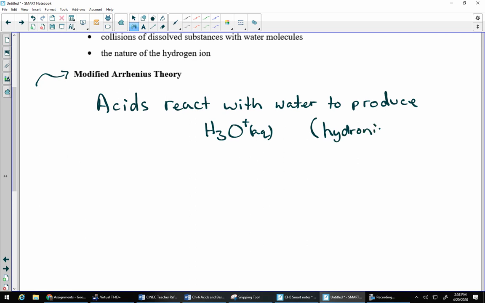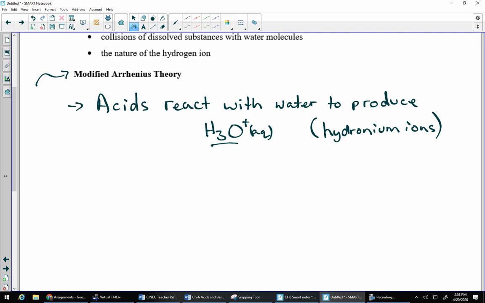Some of the good stuff about this is that it's not just magically ionizing, creating this H plus, this hydrogen ion that's ridiculously unstable all by itself, from a molecular compound. We're saying it's reacting with water, and there is a transfer of H plus, but now that H plus is clinging on to the water molecule to make H3O plus. So acids react with water to produce H3O plus.